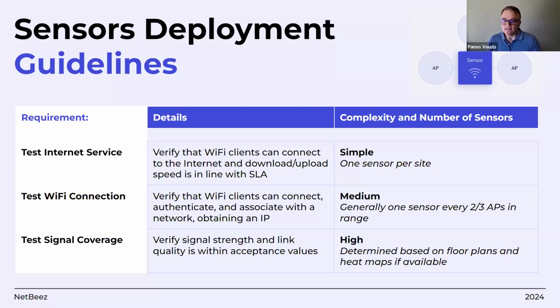And then we got the next level here, where you're gonna test in more detail, I would say, a campus type of network where you wanna capture as much of the user experience as possible.